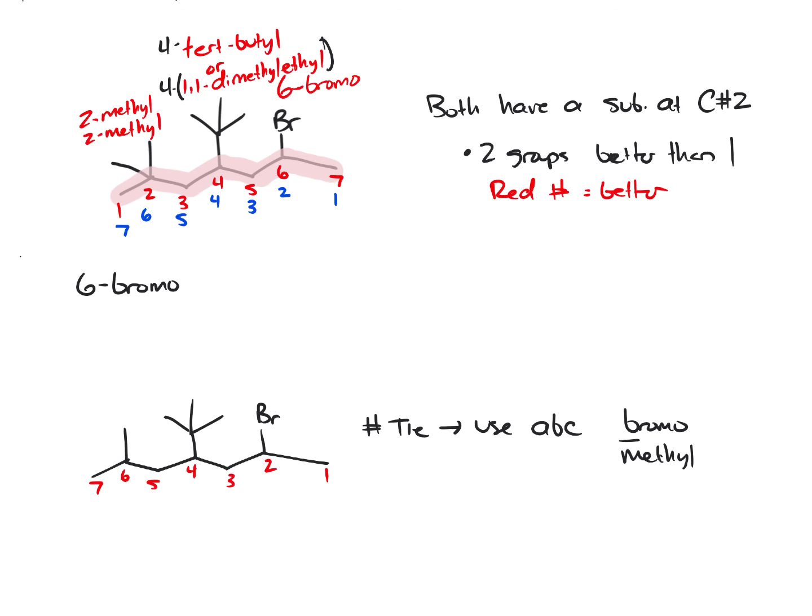I'm going to use the tert butyl, so we'll use the B alphabetically. So we have the 4-tert butyl. I'm going to combine the methyls and do 2,2-dimethyl. And 7 carbons is heptane.